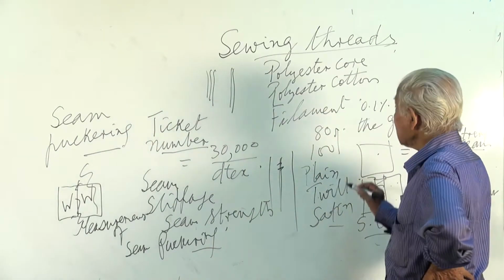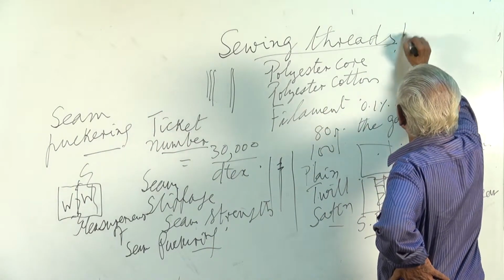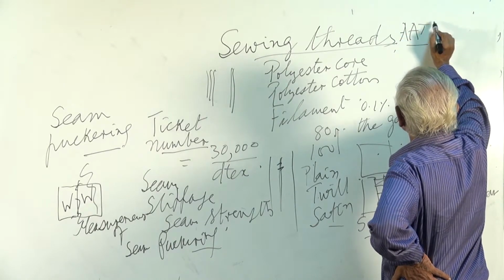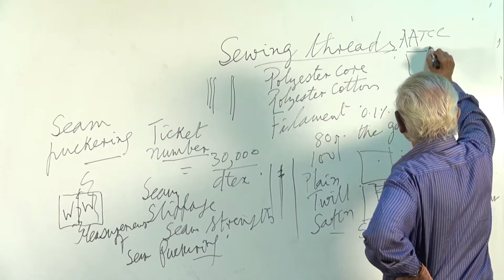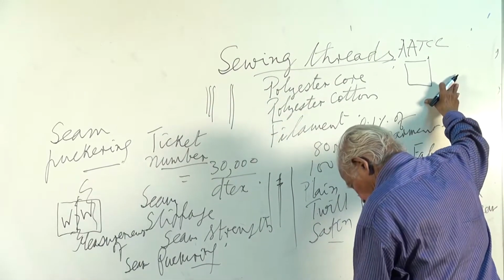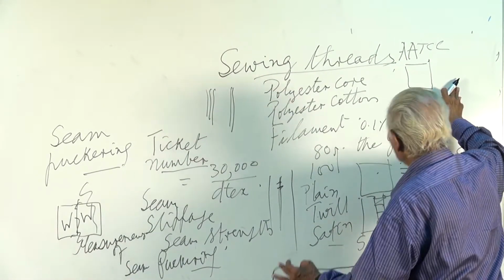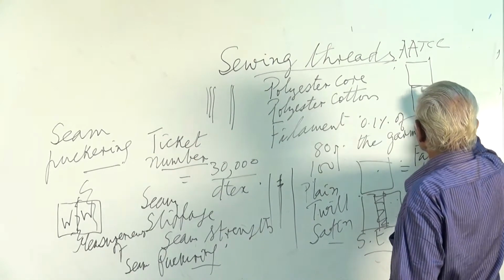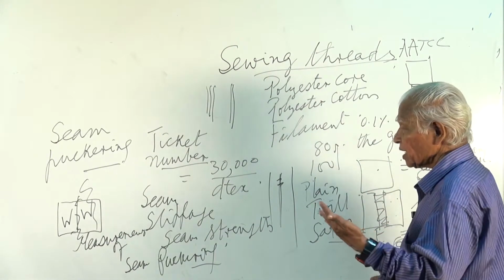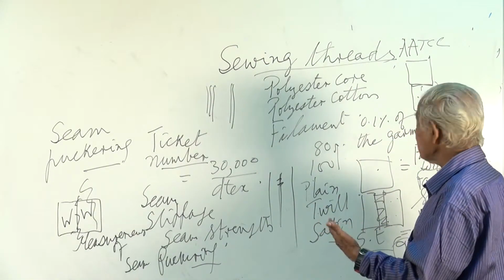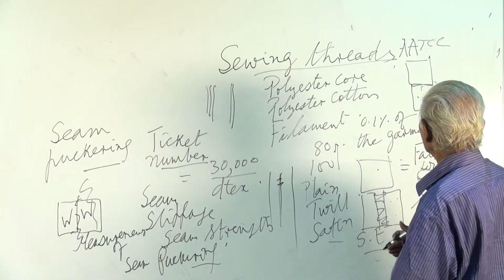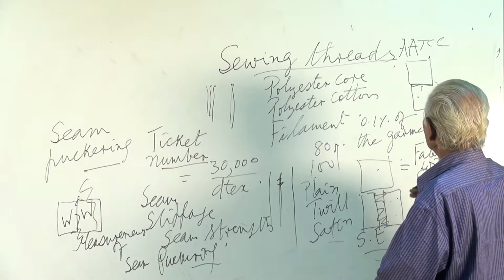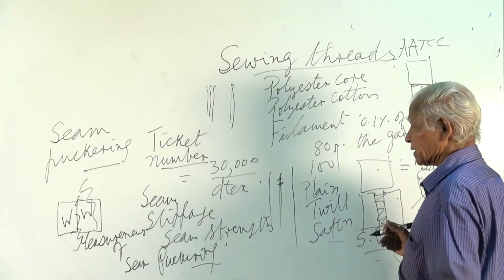There are photographic standards which have been given by AATCC standard, American Association of Textile Chemists and Colorists. So we have a photograph in which there is no incidence of seam puckering at all, and another sample in which puckering is there. So our sample which is to be assessed for seam puckering is compared with these standards, and then a number is given which will give an idea about the extent of seam puckering there.